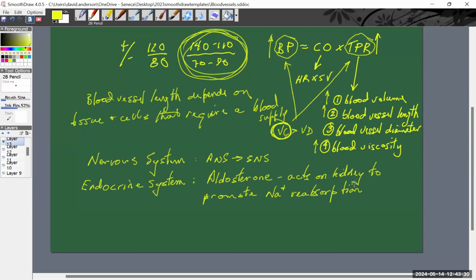Now, sodium is a salt, right? We're all pretty comfortable with the idea that sodium is a salt or an electrolyte, and it's going to attract water. So water is also reabsorbed. And if water's going to be reabsorbed, we increase blood volume.